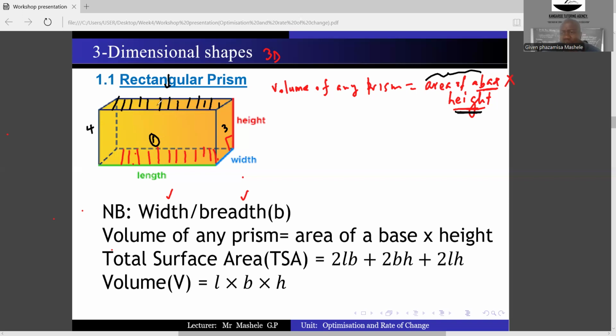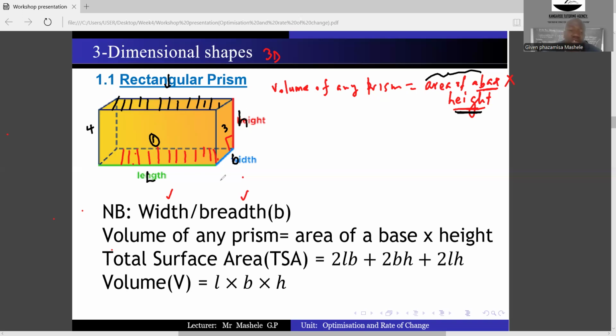So we have to calculate the area of this figure. Remember I said, since this is a rectangle, even if you forgot the formula, you take one side, then you multiply by the other. So by looking at this, if we have a four-sided figure, this will be the length, this will be the breadth or the width, and the other part will be the height.